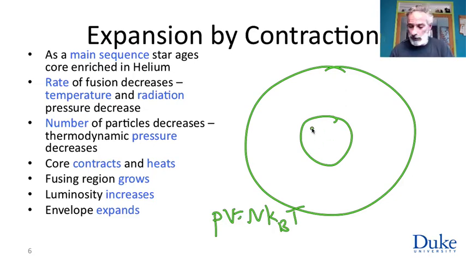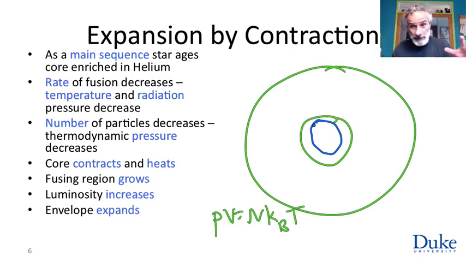Instead, the core contracts. So the material that was previously the core is contracted to a smaller radius. This, in turn, heats it up, both because we're converting gravitational potential energy. The entire star scrunches down, and so the entire star undergoes Kelvin-Helmholtz heating, and of course this is most extreme in the core.